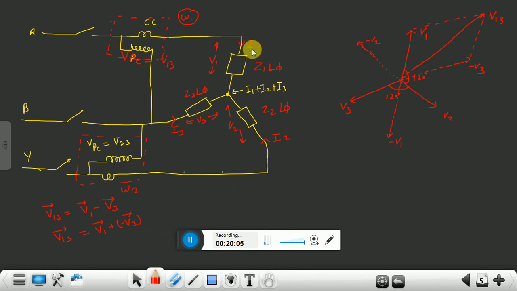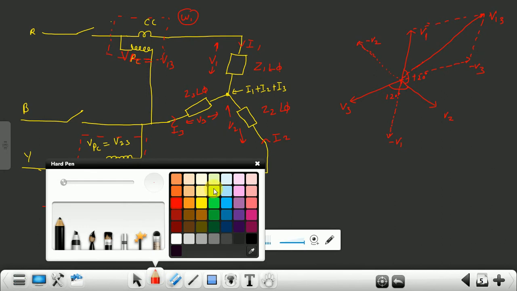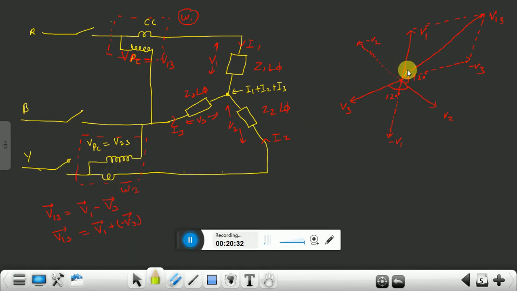Here, suppose our load is inductive. Inductive load means impedance Z1 with angle phi. Since the load is inductive, the current lags the voltage by phi degrees. So this is phi, and the current is I1.